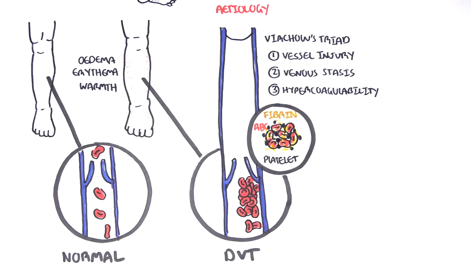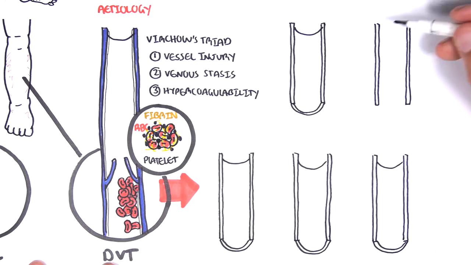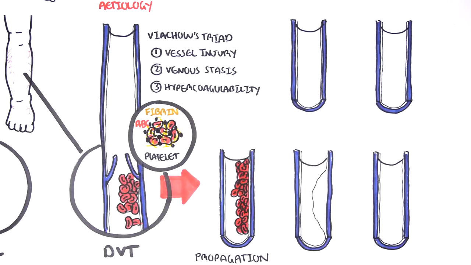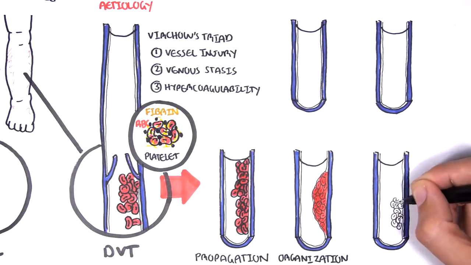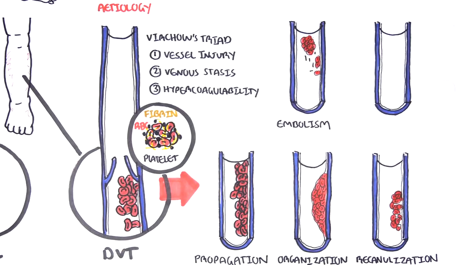Different diseases and conditions lead to one or more of these factors, and this will predispose one to developing deep vein thrombosis. And so once a thrombus has occurred, the thrombus itself has a few fates, including propagation, which means just growing along the vessel, organizing within the vessel layer, recanalization, forming holes within the thrombus, embolism, which means dislodgement of the thrombus, allowing the thrombus to travel around the body via the blood, and/or resolution.